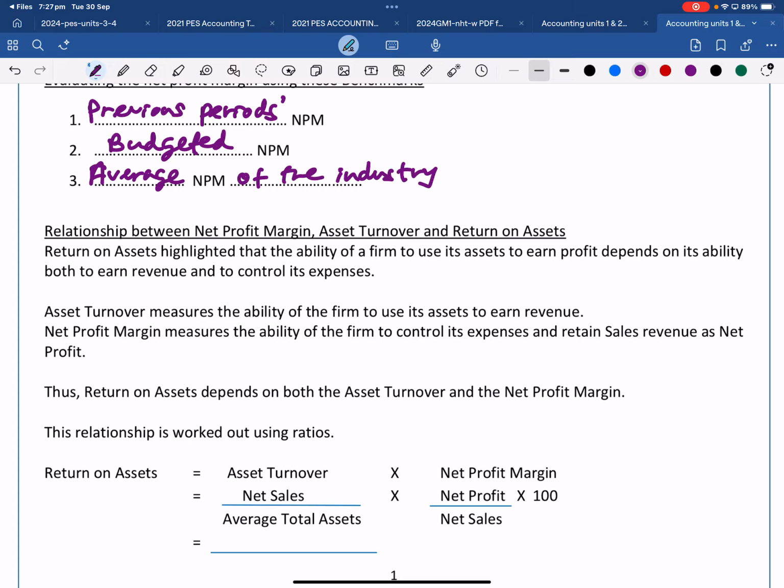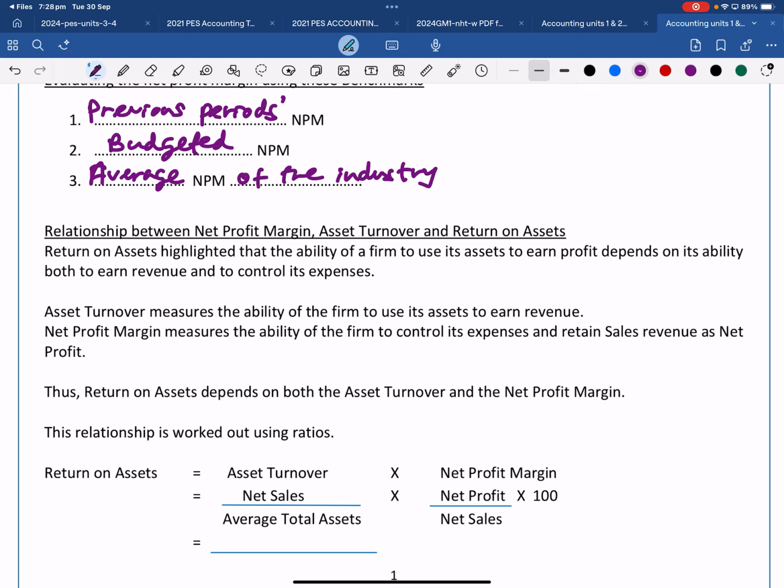What is the other one, guys? Asset turnover. Asset turnover calculates how effectively we can generate sales in the business. And when we combine these two, what do we get? ROA, return on assets. Why? Because return on assets calculates how effectively the business can make use of its assets to generate profit, and also how well they can control their expenses.